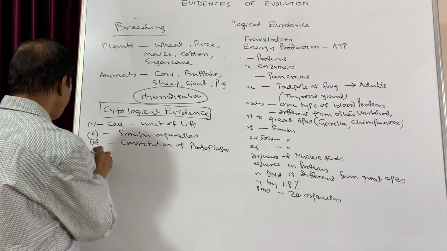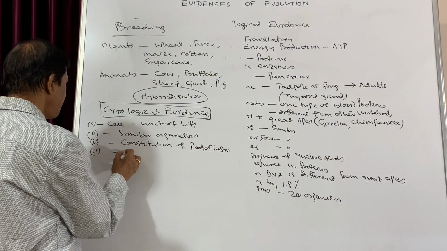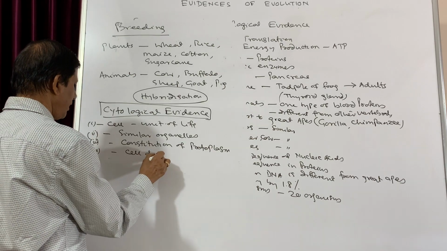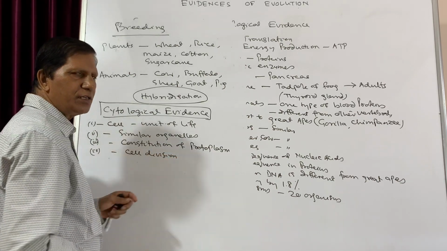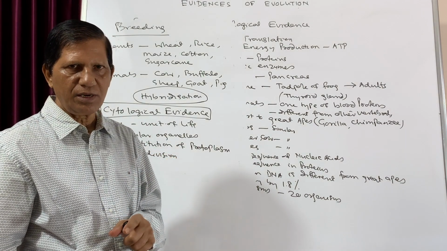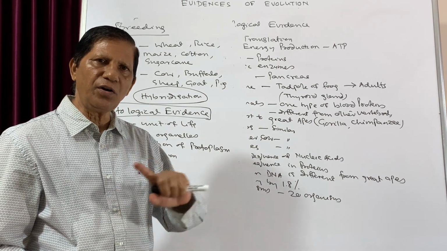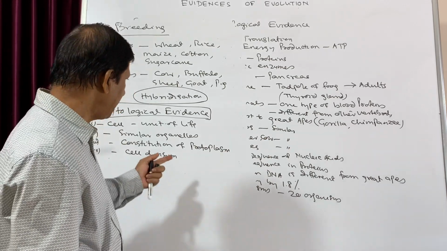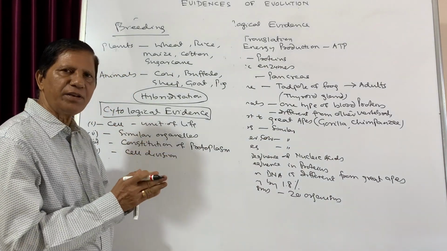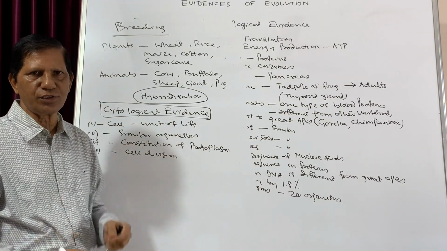Another evidence we can cite is that of cell division. Whether it is mitosis or meiosis, the method of division of the cell is similar in all organisms. So it indicates that these organisms have evolved from some common ancestor.